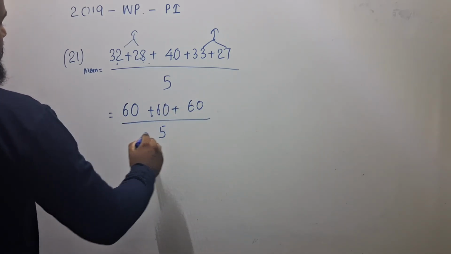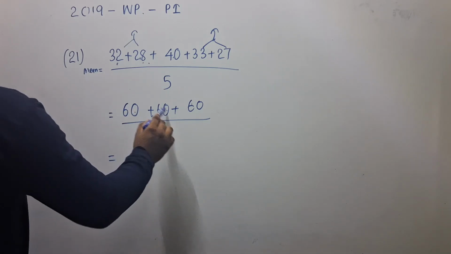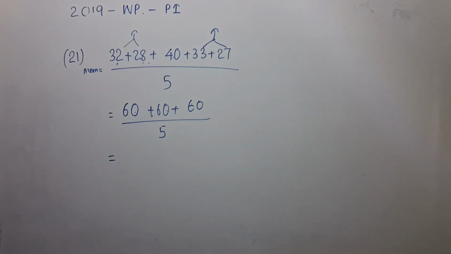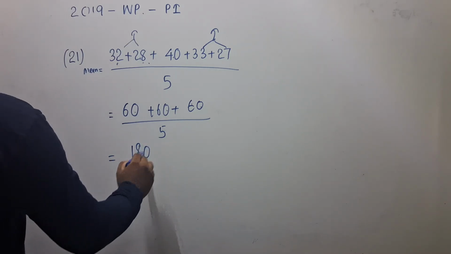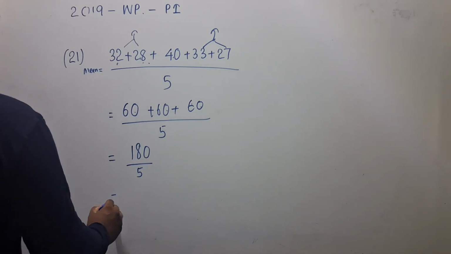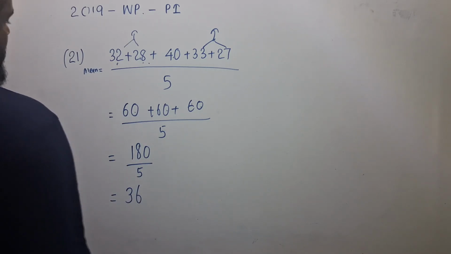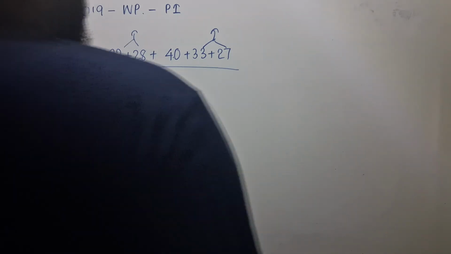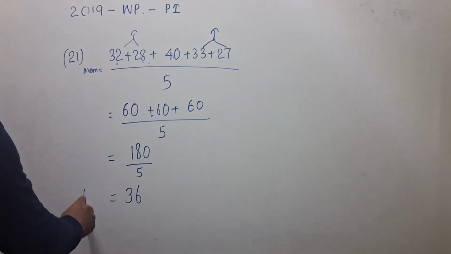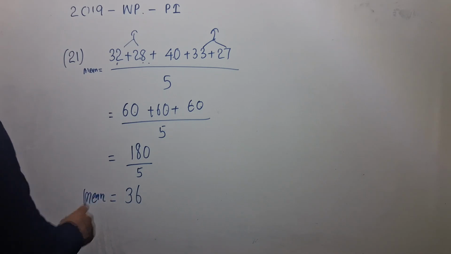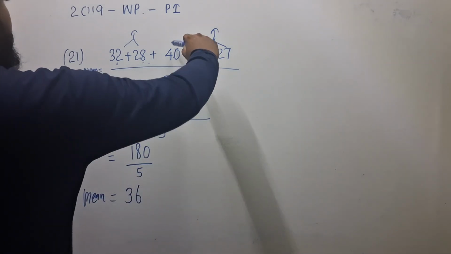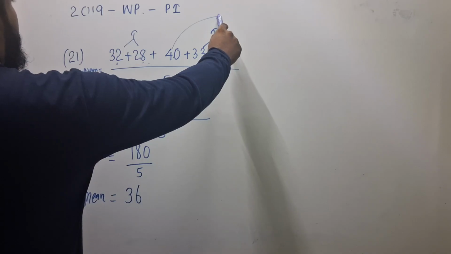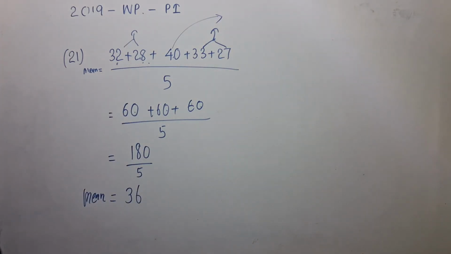Divide by 5. 60 plus 60, 120 plus 60, 180. 180 divided by 5 gives you 36. Now you found the mean as 36. Now you have to find how many students are more than 36. Only one student.